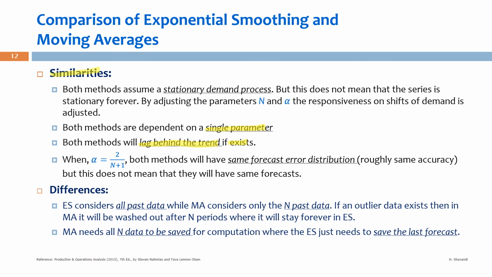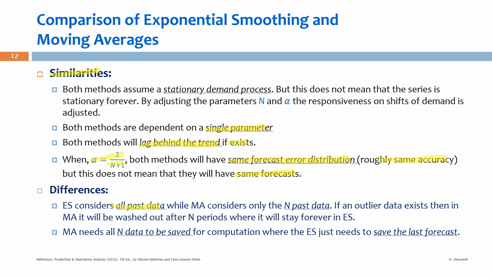If alpha equals 2 over (n plus 1), both methods will have the same forecast error distribution and roughly the same accuracy, but this doesn't mean that these two methods will have the same forecast. As for differences, exponential smoothing considers all past data, while moving average just considers the last n data.